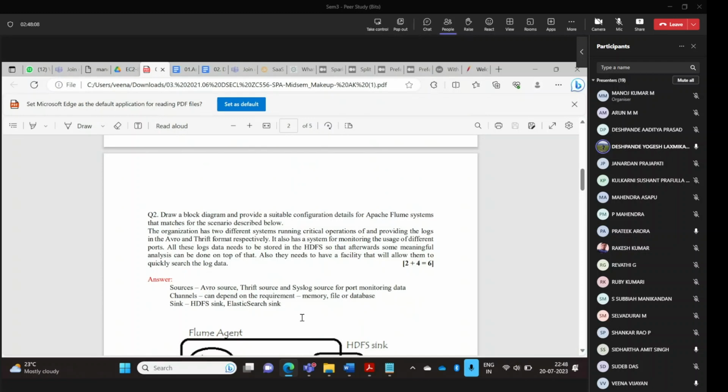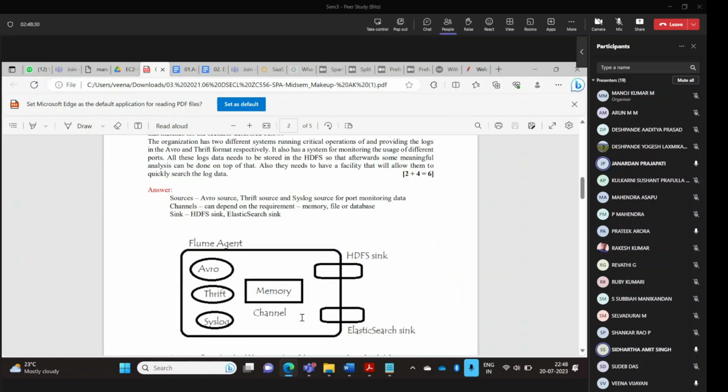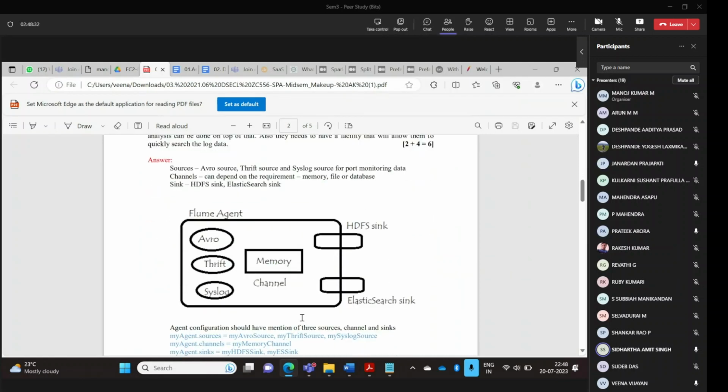Any tool which has a searching capability we can use, right? But generally we use Elasticsearch with Postgres, and the HDFS sink. Postgres is a relational database, so what's the point of having it?